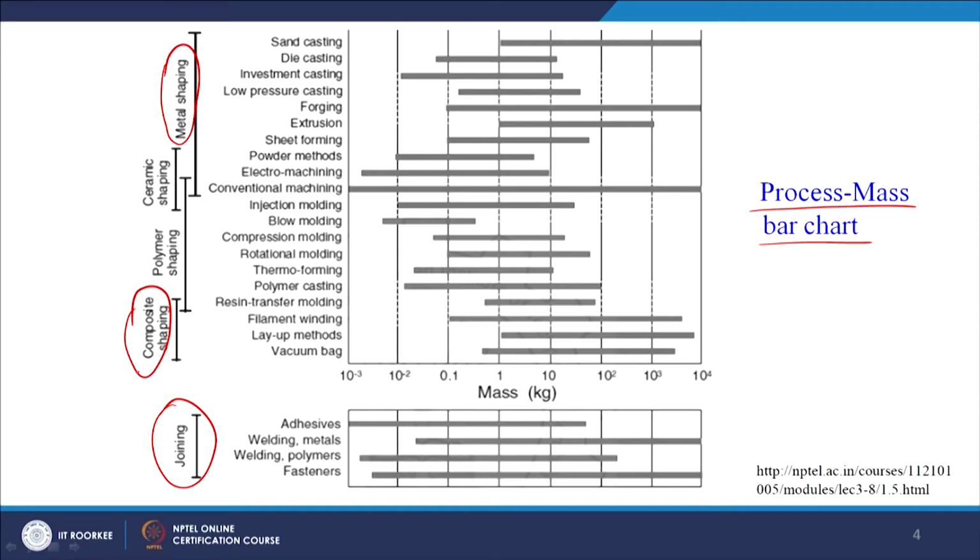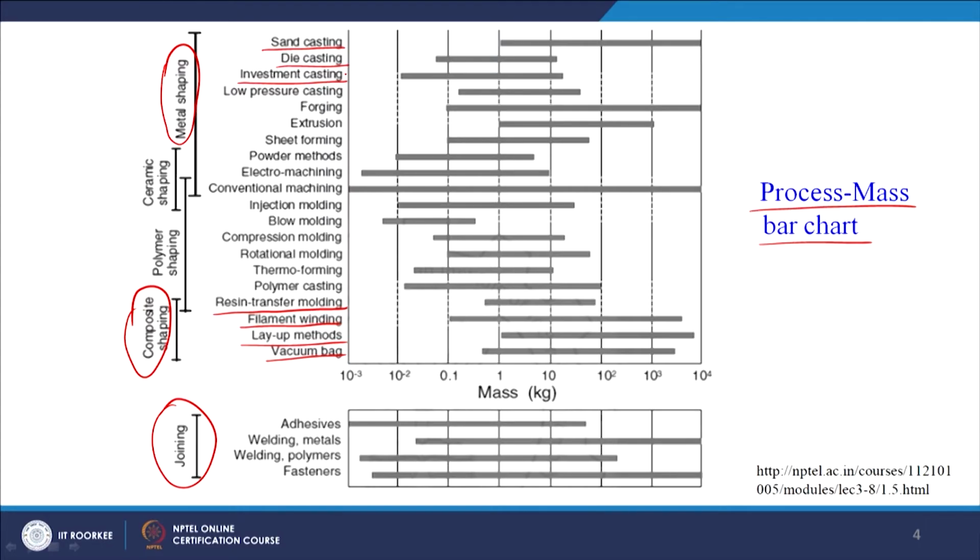For composite shaping we have different processes such as resin transfer molding, filament winding, layup methods, vacuum bag molding. So that is for shaping the composite parts. Similarly for metal shaping, two examples we have already taken, sand casting and die casting. Also we have mentioned the term investment casting.